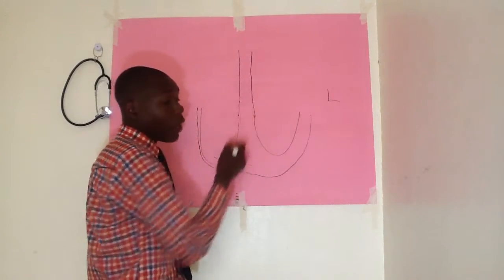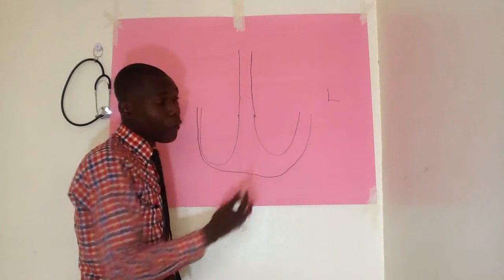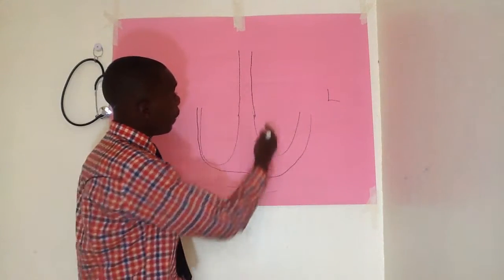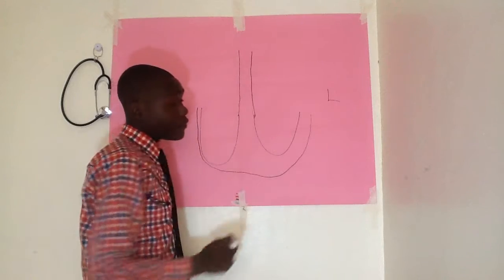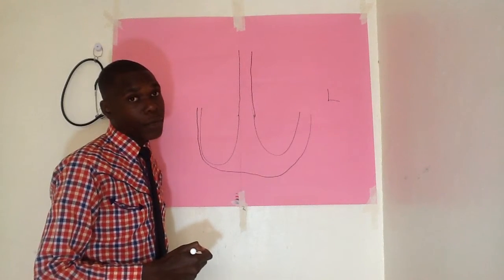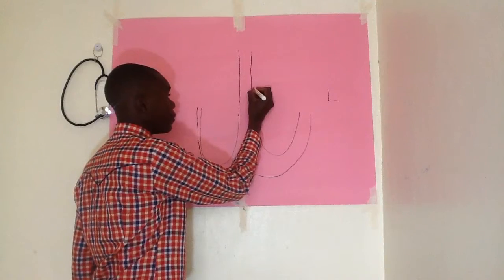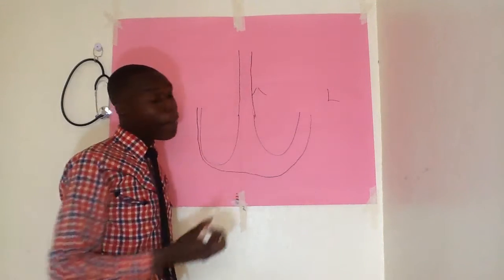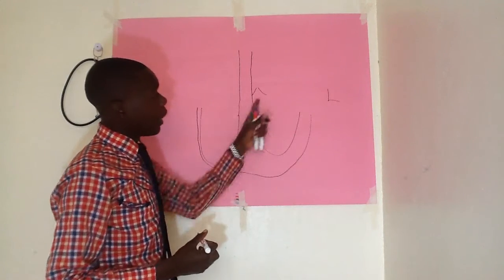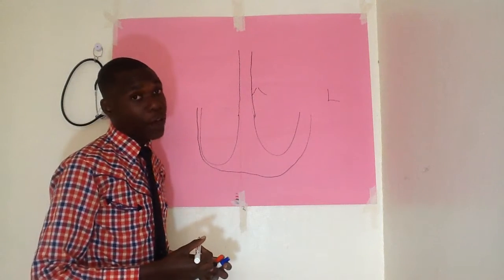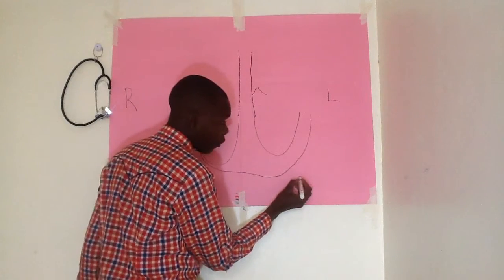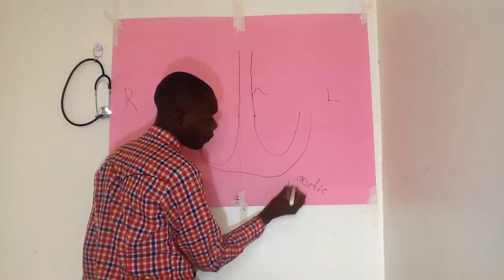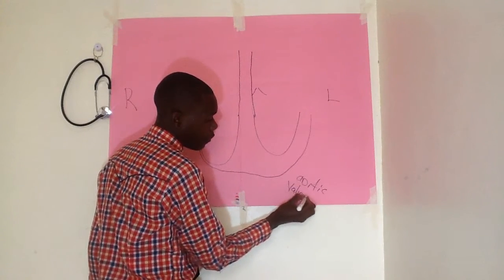And this blood vessel, our artery, is separated from the left ventricle by a set of valves, which are pointing up the way. And these valves are known as the aortic valves.